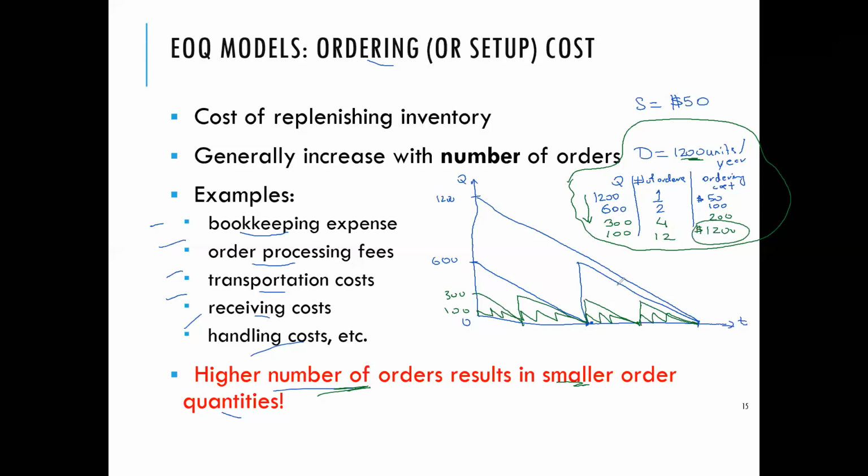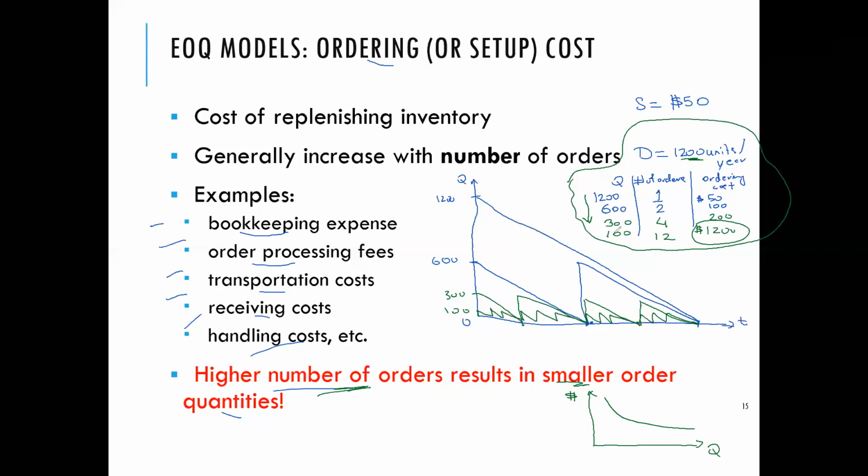So in other words, if I have to draw a graph between order quantity and ordering cost, right? That graph is what we call an inversely proportional graph. When order quantity goes up, my ordering cost goes down.